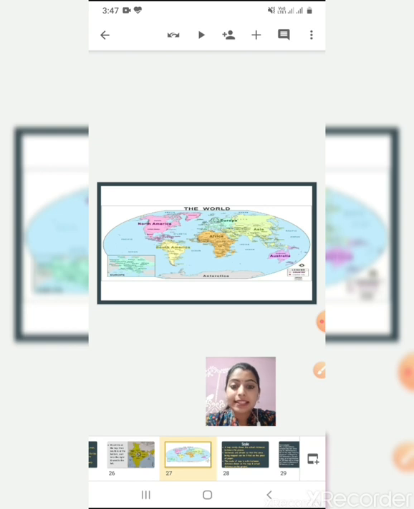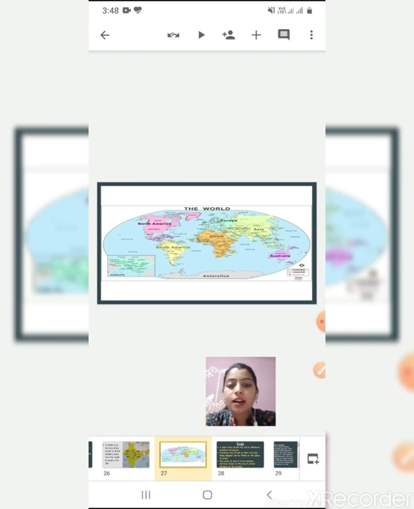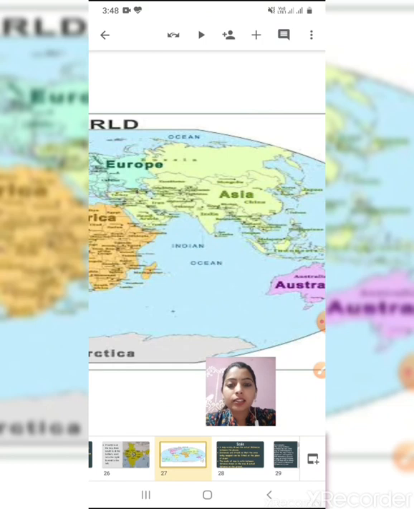No, it is very big. The area here is shrunk. The distance is shrunk to make the area fit on a piece of paper. See, this is India.